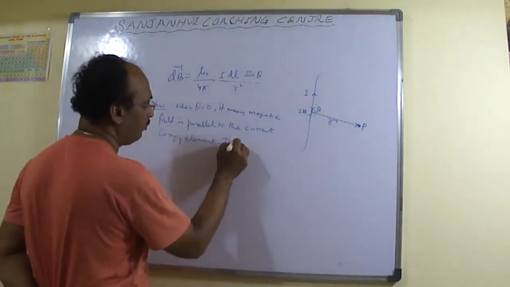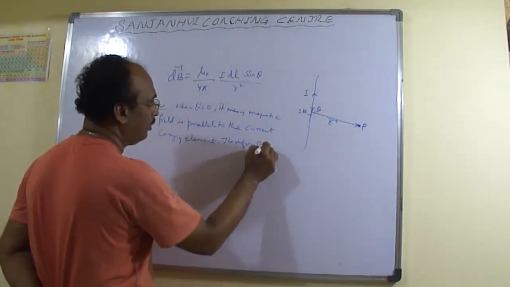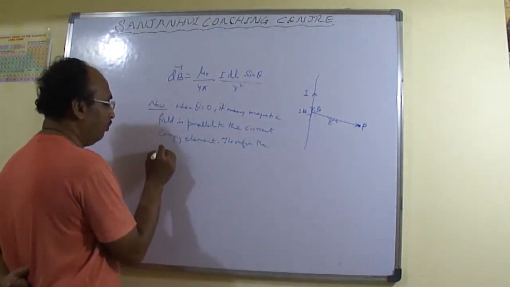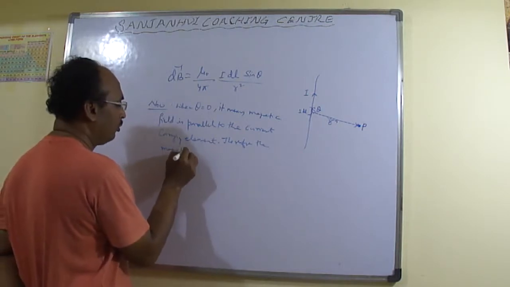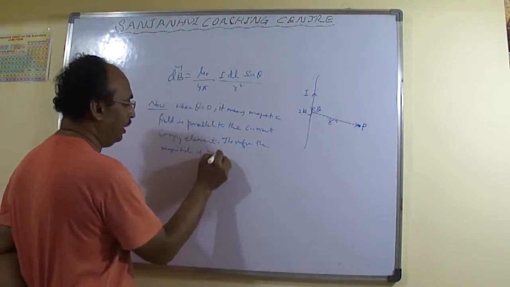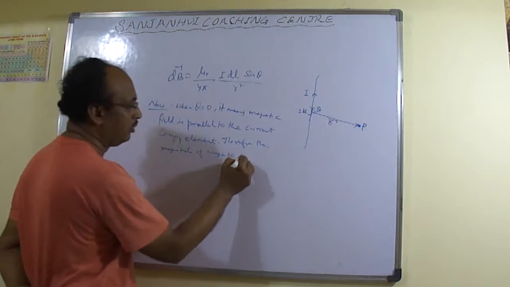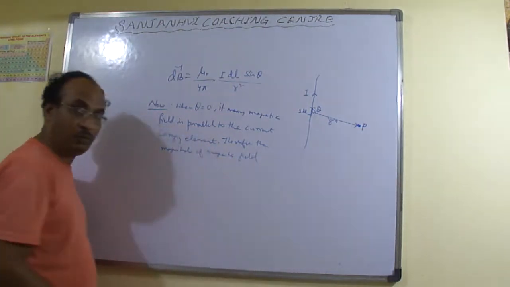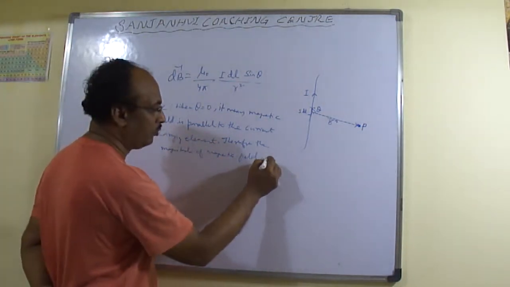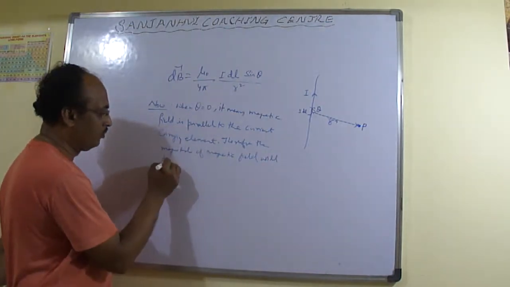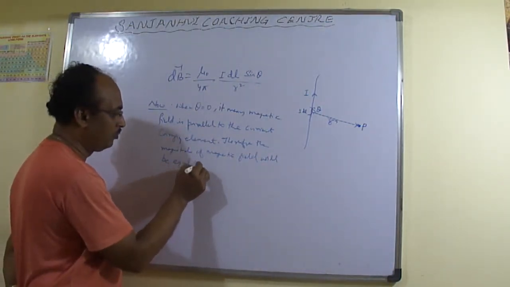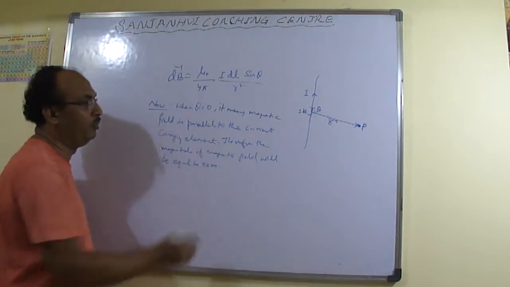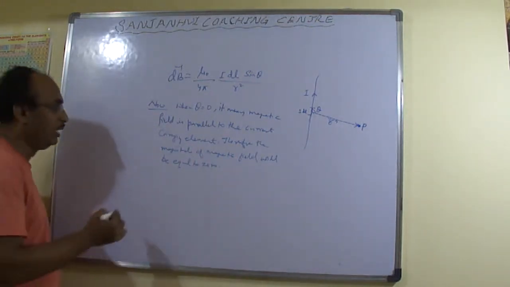Therefore, the magnitude of magnetic field will be equal to 0. Okay. Another case.